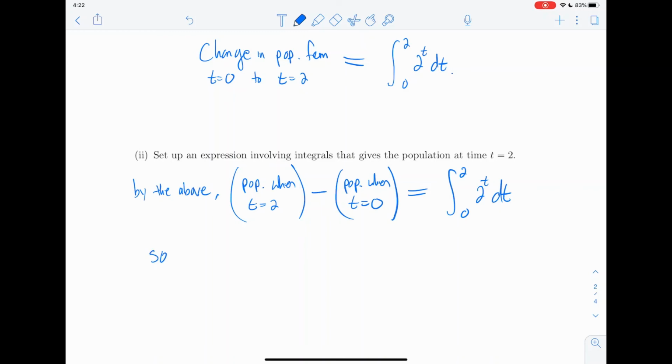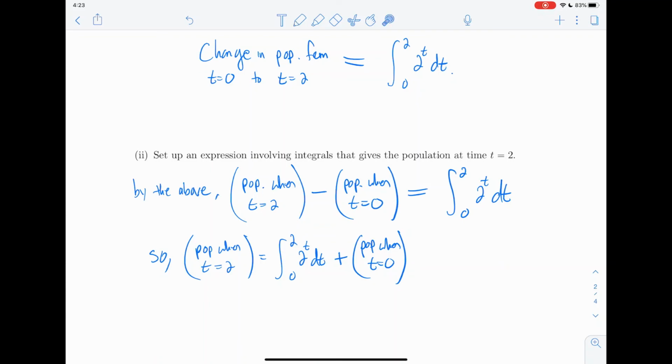So we can reorganize this expression and rewrite this to solve for the desired quantity, which is the population at time t equals 2. That's going to be this first bit, meaning that the population when t equals 2, the quantity we're interested in, turns out to be equal to the definite integral from 0 to 2 of 2 to the t dt plus the population when t equals 0. But, of course, we know what this quantity is.